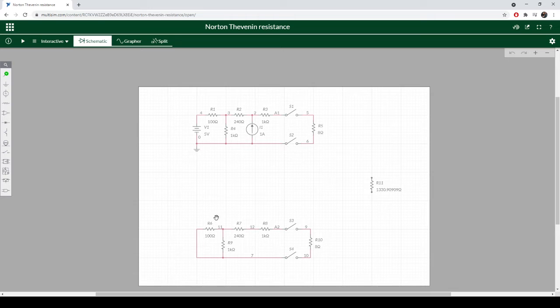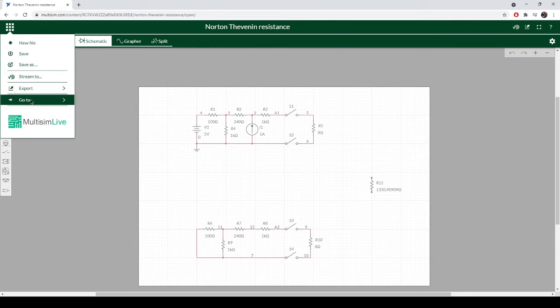You can round that however you want, but when you add these two together, you get an equivalent resistance of 1330.9090, and I just stopped at 9 because that's all my calculator showed me when I did this. So we have to know this equivalent resistance before we can go any further, and this applies to both Norton and Thevenin. So now I'm going to go back and look at my other circuits.